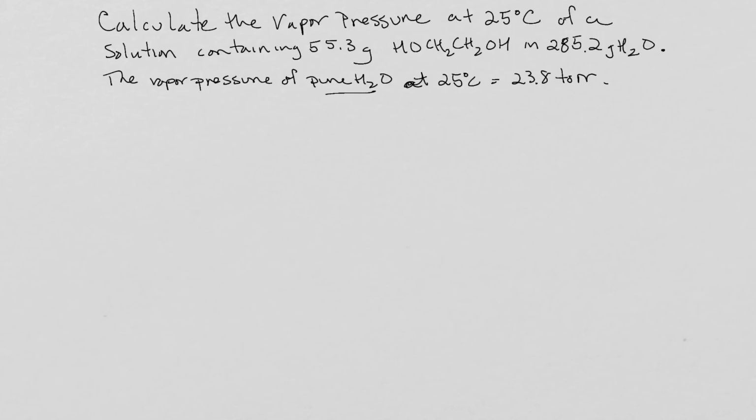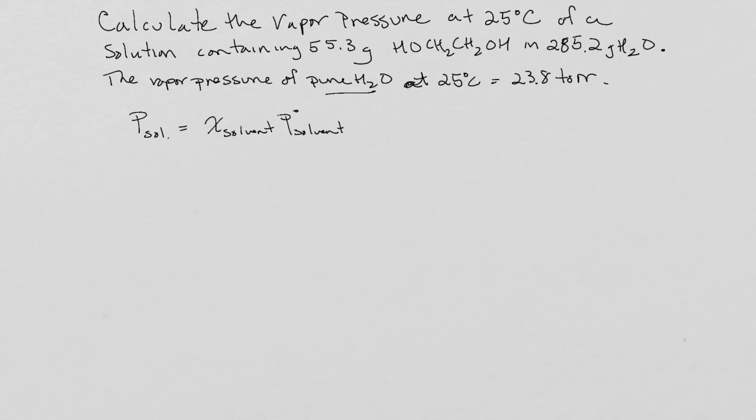So if we recall our equation, the vapor pressure of our solution is going to equal the mole fraction of the solvent times the vapor pressure of the pure solvent.